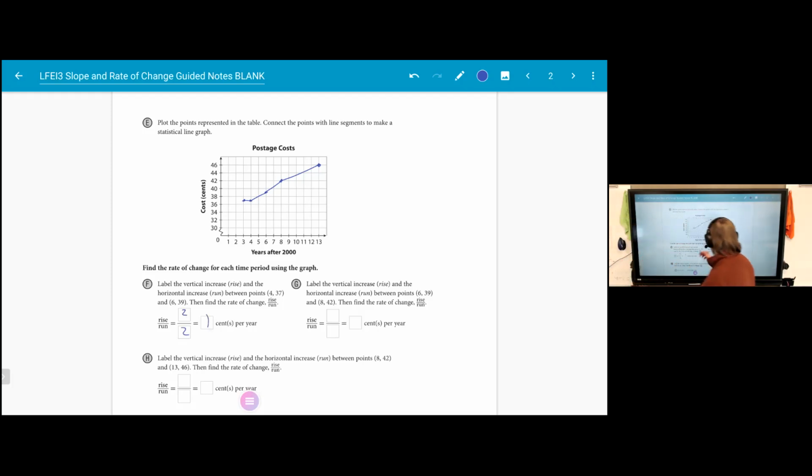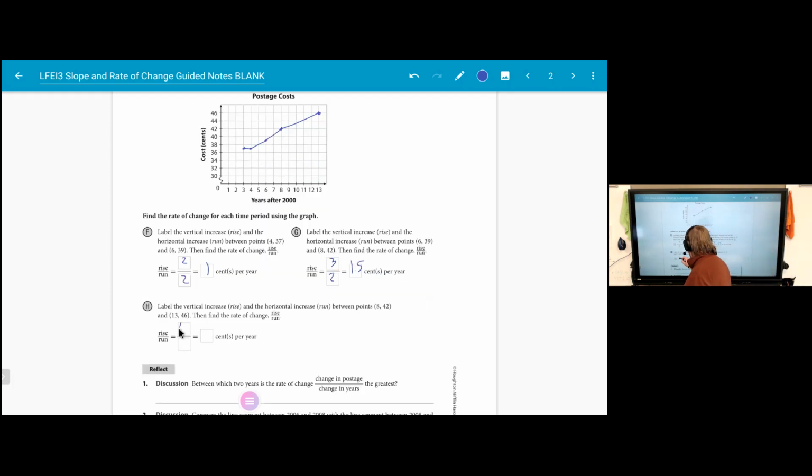From 2006 to 2008, it went up 3 cents over the course of 2 years, which is an average of 1.5 cents per year. And between 8 and 13, it rose 4 cents over the course of 5 years, making it 8/10 of a cent per year, just like we talked about in the beginning.